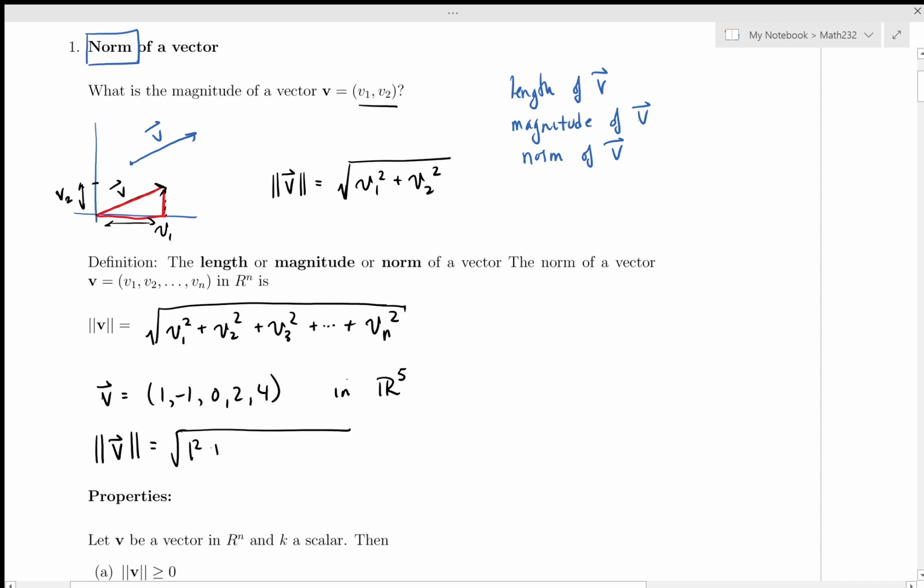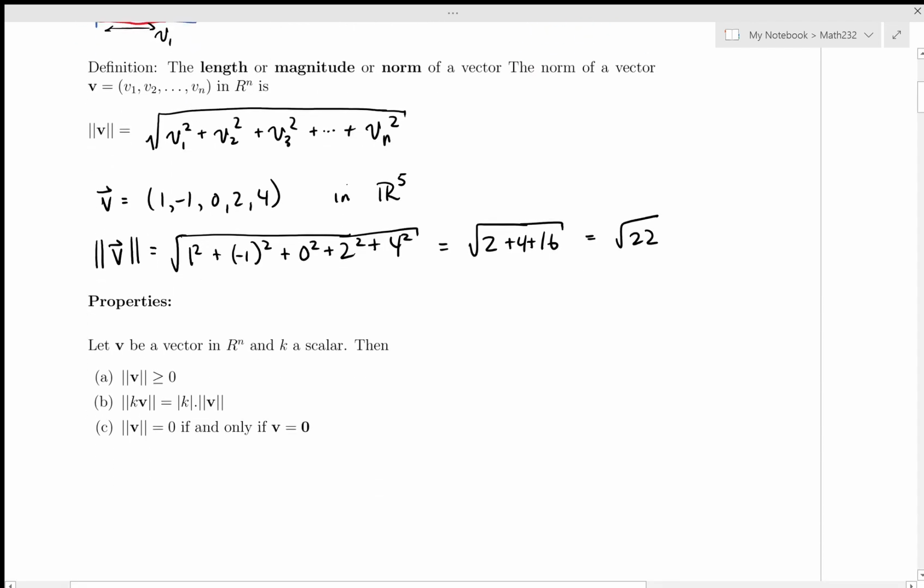That would be 1 squared plus minus 1 squared plus 0 squared plus 2 squared plus 4 squared. I would add all of those together and then take the square root. Let me make that calculation. The first 2 terms are 1 plus 1 plus 0, and then plus 4 and plus 16. So if I haven't made an arithmetic mistake, that is the square root of 22. So the norm of v here is the square root of 22.